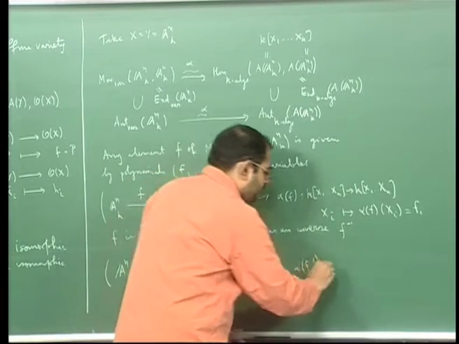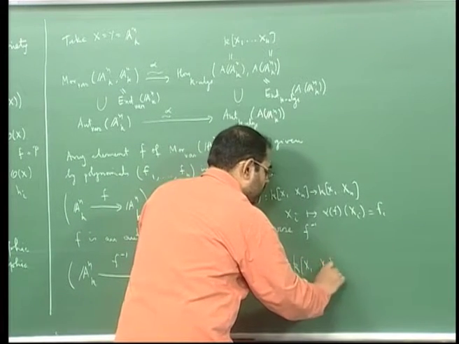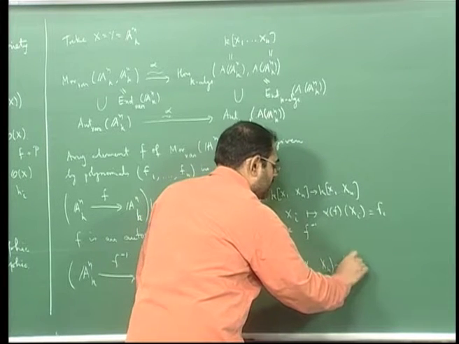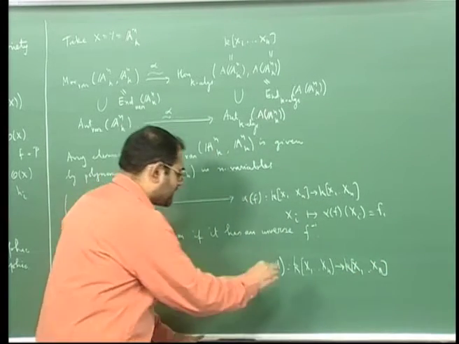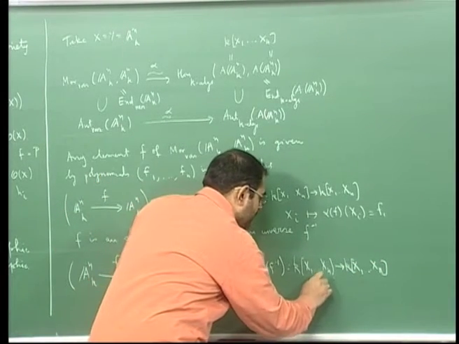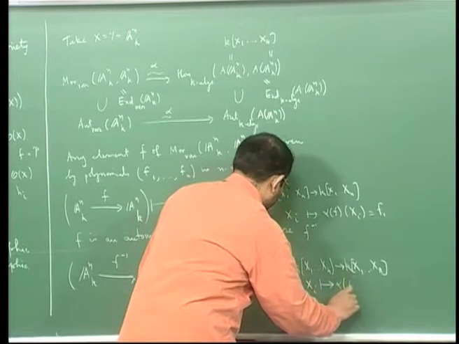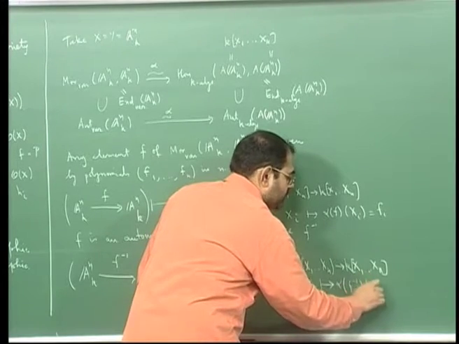That will turn out to be again a k algebra homomorphism from the polynomial ring in n variables back into itself, and that is again going to be dictated by the images of the xi's, so alpha of F inverse of xi.